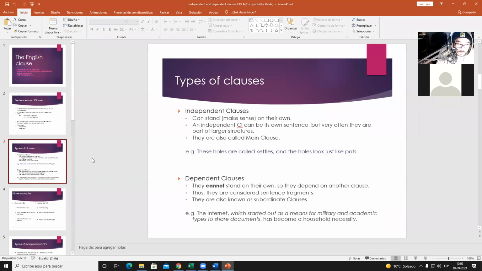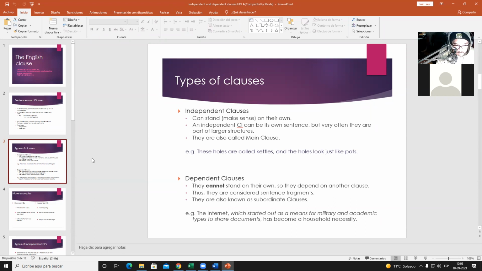An independent clause can stand on its own, which means that it makes sense on its own. I don't like that term. I don't like that concept because it is not clear enough, I would say. Therefore, I prefer the second one. An independent clause can be its own sentence, but very often they are part of larger structures.